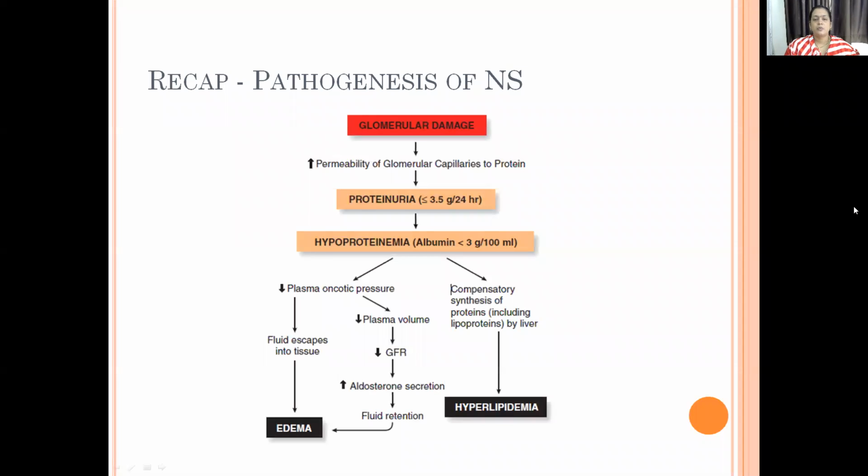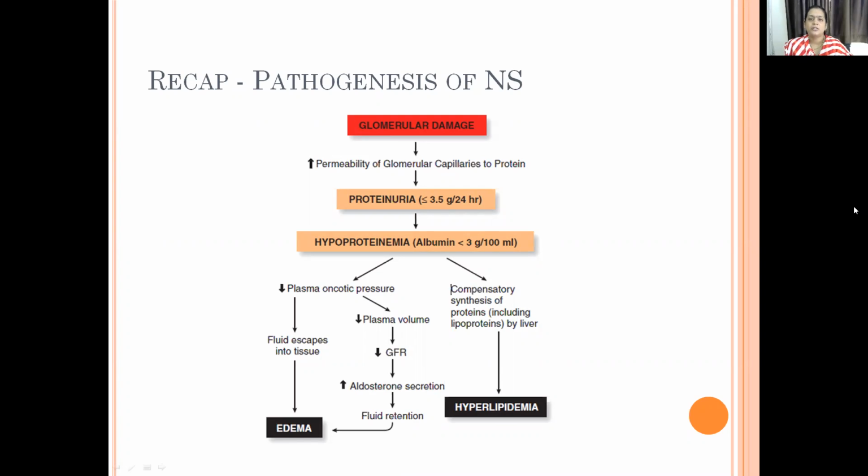Okay. So what is nephrotic syndrome? I told you the nephrotic syndrome includes a cluster of diseases wherein protein is excreted in the urine at more than 3.5 grams per 24 hours. And then there is hypoalbuminemia, lipiduria, hyperlipidemia, and severe edema as such.